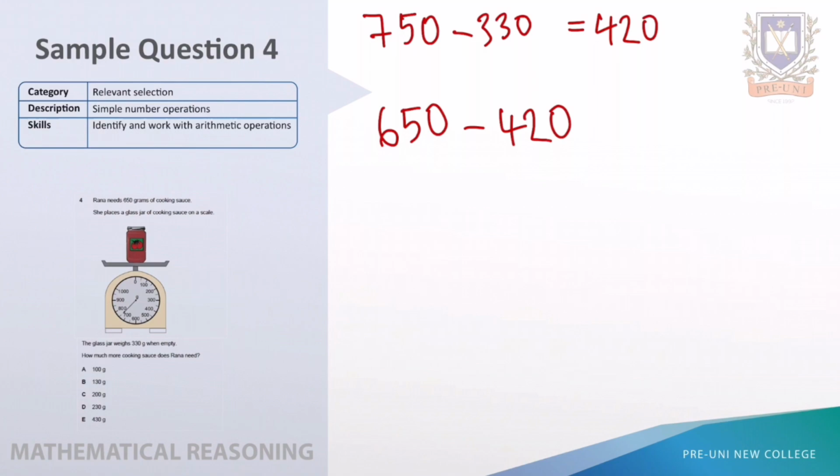And when we figure this out, we get 230 grams. So as a conclusion, Rana needs 230 grams more of cooking sauce. And thus, we can say D is the answer. So this question is quite a straightforward question in terms of difficulty, and students should be confident with this type of question as they have seen this type of diagram before.